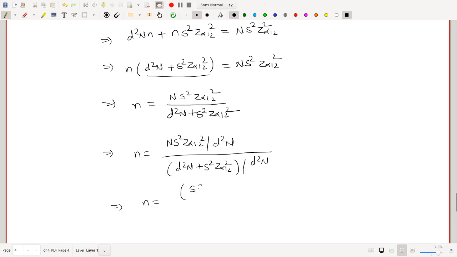This I can write as (S z alpha by 2 by d) whole bracket square, whole divided by 1 plus, if I take d square N here, 1 upon N into (S z alpha by 2 by d) bracket square.